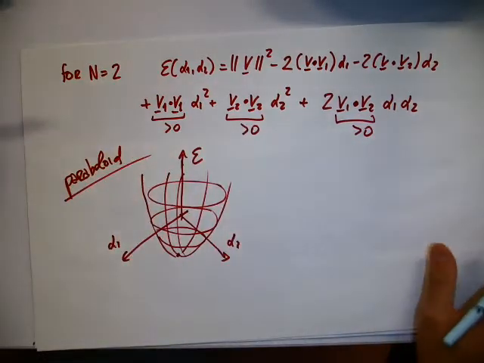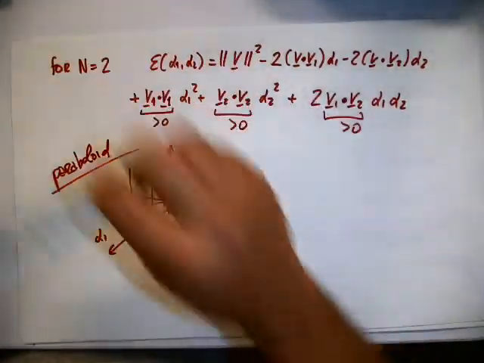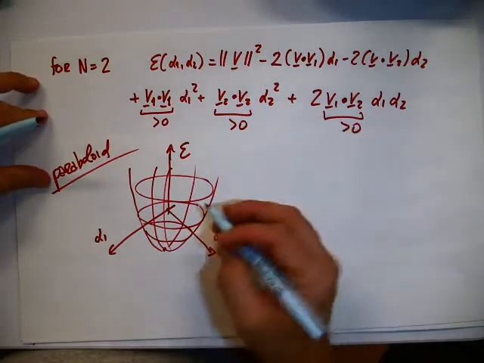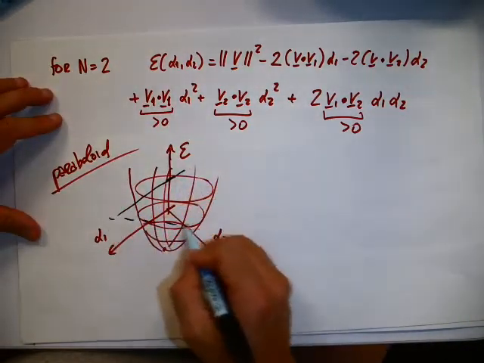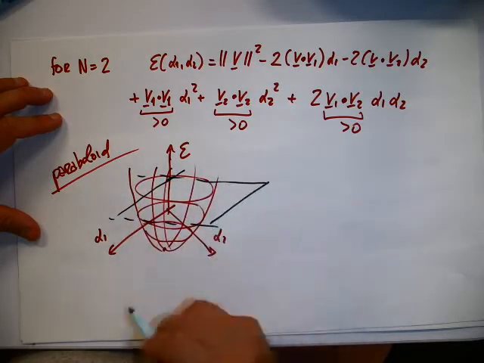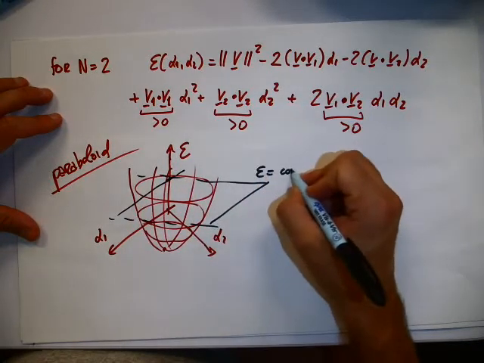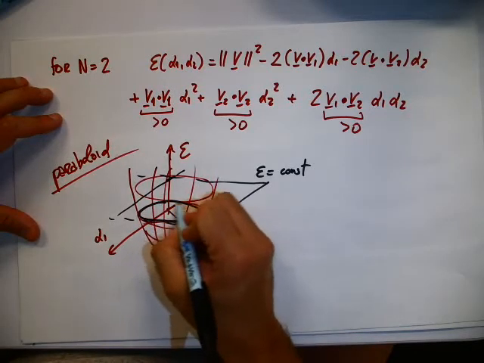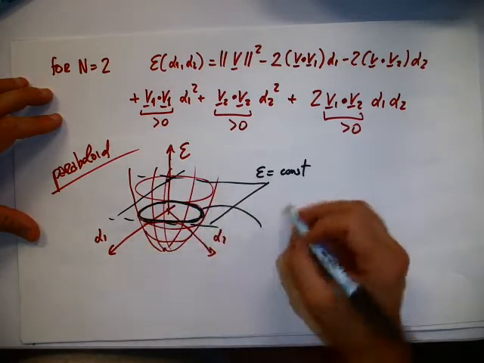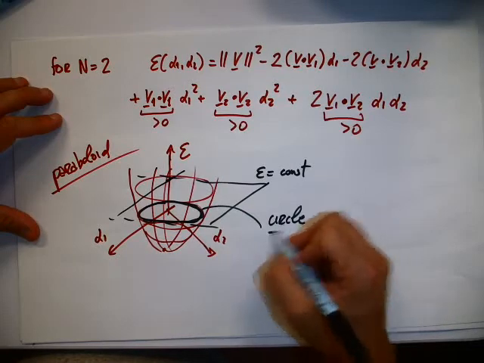Indeed, you see that if I fix the energy epsilon and cut with a constant epsilon plane, the section is going to be a circle, which is very clear from here.